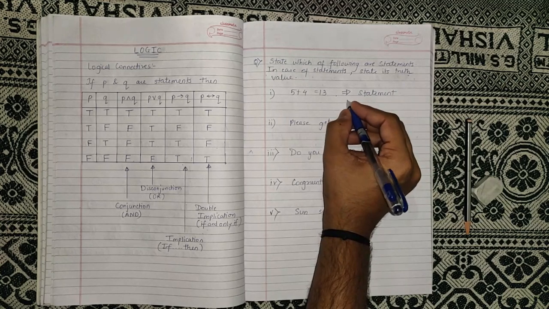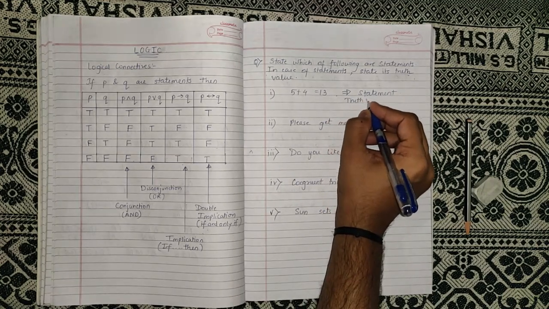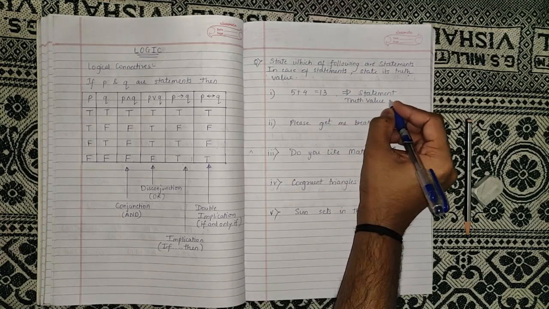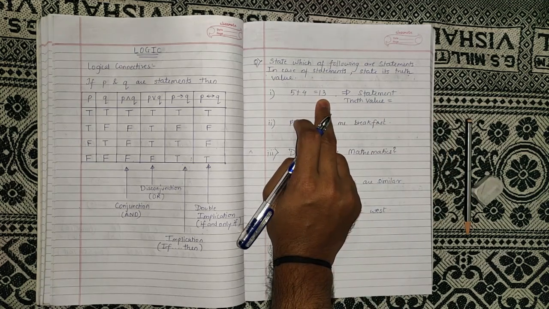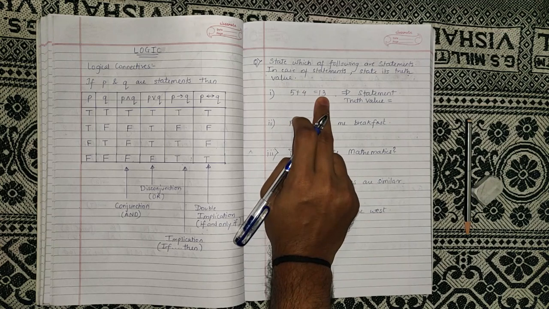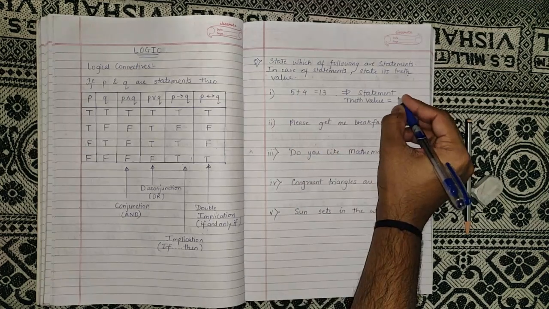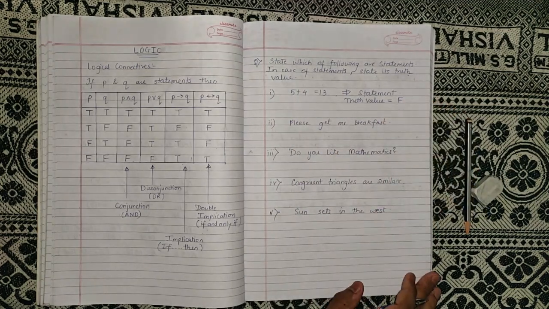But in the case of truth value, is 5 plus 4 equal to 13? No, 5 plus 4 is equal to 9 and not 13. So its truth value is F, that means it is false.